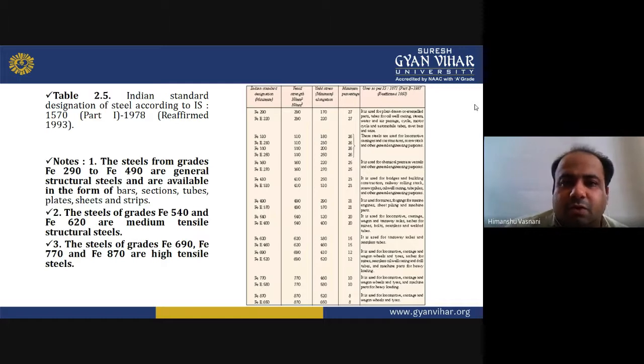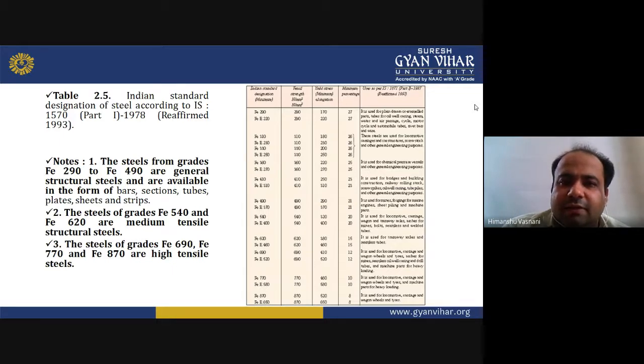In the table, the first column is of Indian standard designations like Fe and FeE, with the values given for various standardized materials. The second column is of tensile strength, then you have the yield strength, then the minimum percentage elongation, and after that the usage of these materials.